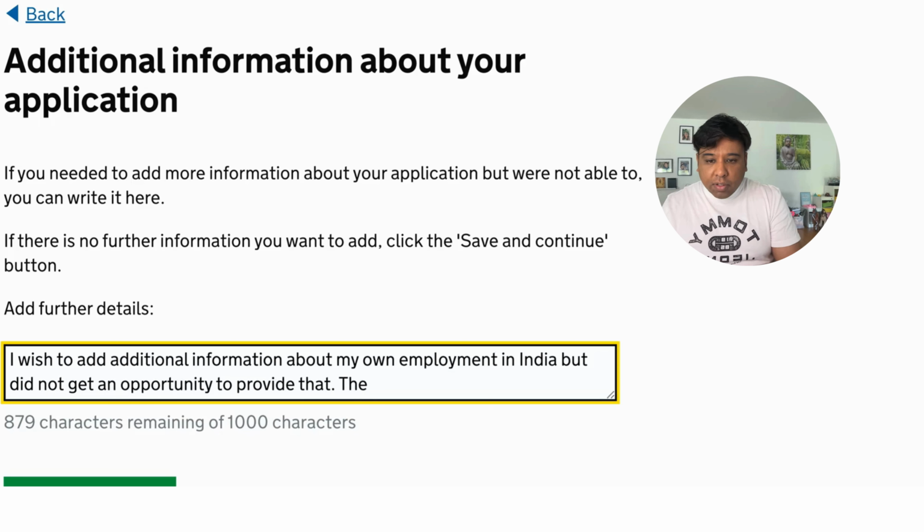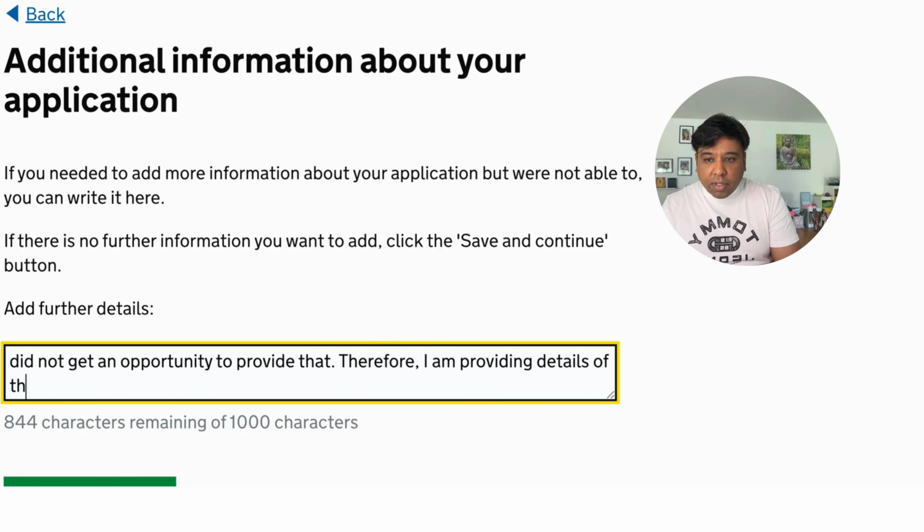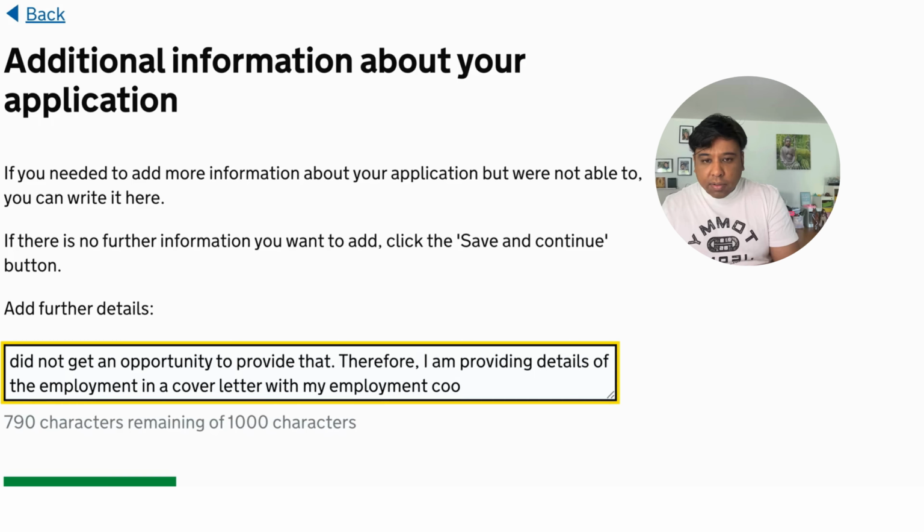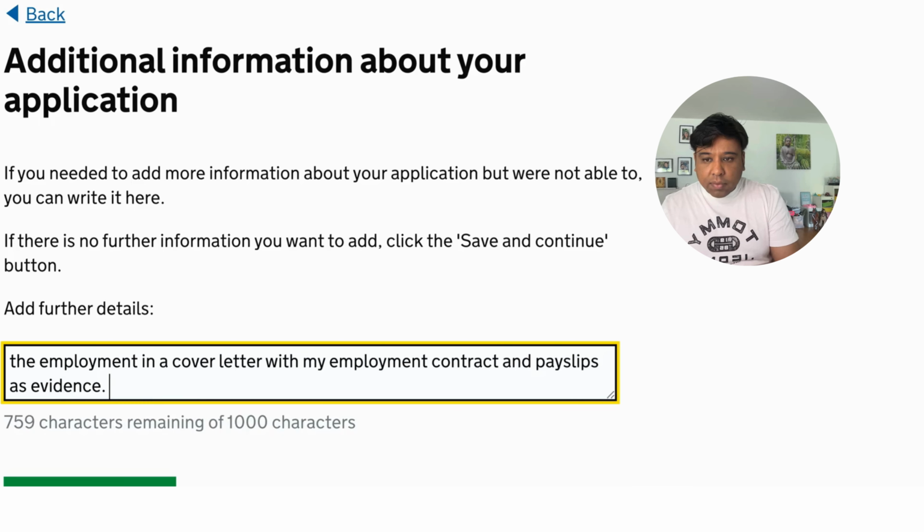Therefore, I am providing details of the employment in a cover letter with my employment contract and payslips as evidence. Now, this is one kind of detail that you mentioned.